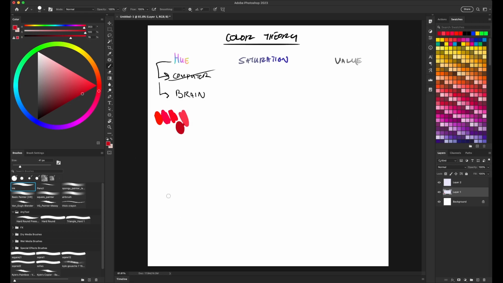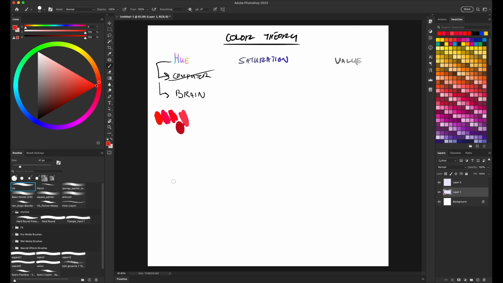These are all, to our brain, the same hue. They're red. Now, this is a little bit more of a purple red, and this is more of an orange red, and so that's kind of where we get into those minutiae in actual design theory of what colors look better together. You know, do you want to use more of an orange red or more of a pink red? But if you're just throwing out the color red in general, this is all sort of the same-ish.